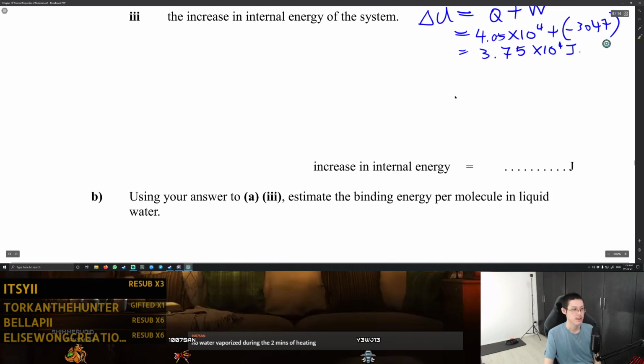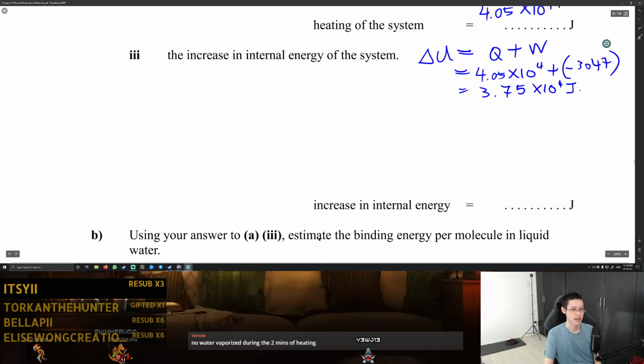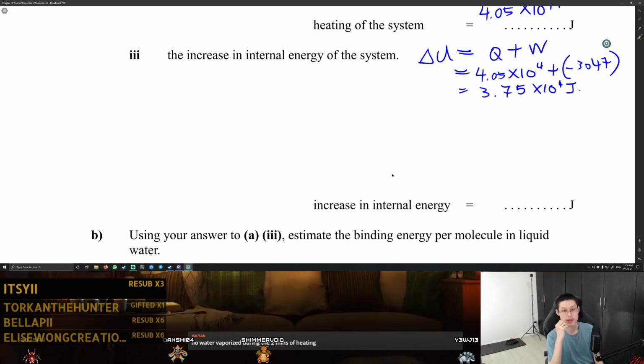Using your answer in A part 3, estimate the binding energy per molecule in liquid water. So, how do I explain this? Let me think.